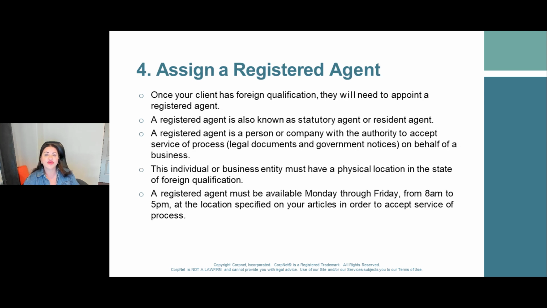You also, when foreign qualifying into a new state, need to have a registered agent. You need to assign or designate a registered agent. So let's go back to our example. A California corporation has nexus in the state of Nevada. It's a corporation in the state of California, has a registered agent in the state of California, but now needs to foreign qualify in the state of Nevada because they're doing business in Nevada by hiring remote employees. Well, guess what? One, it's determined they need to foreign qualify.